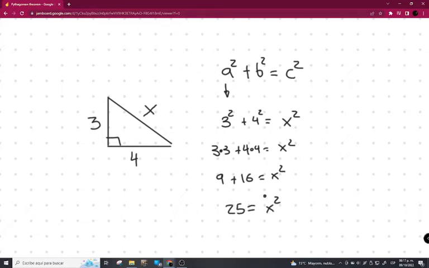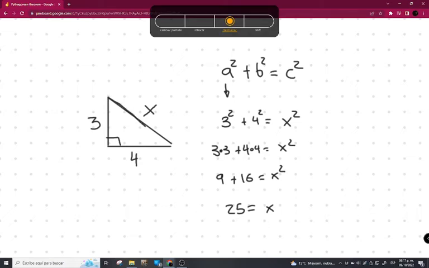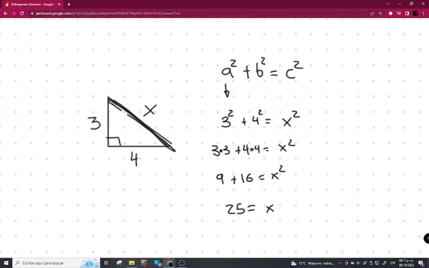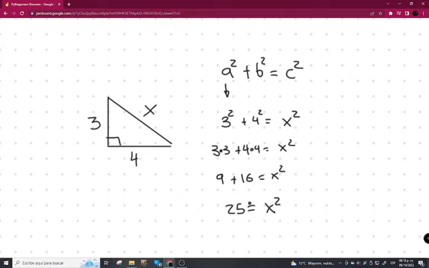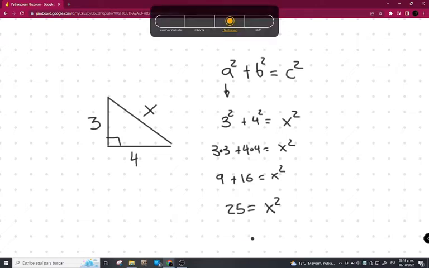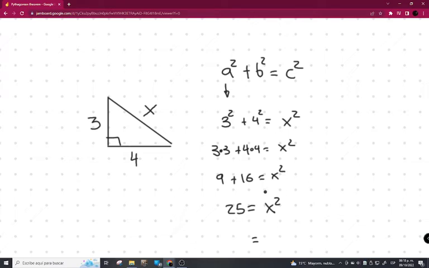So 25 is x squared. But that doesn't mean that the length of this side that I am overlining here is 25. No, because 25 is x squared, not x. We actually need to find x. So that is why we will need to do the opposite operation of an exponent here.